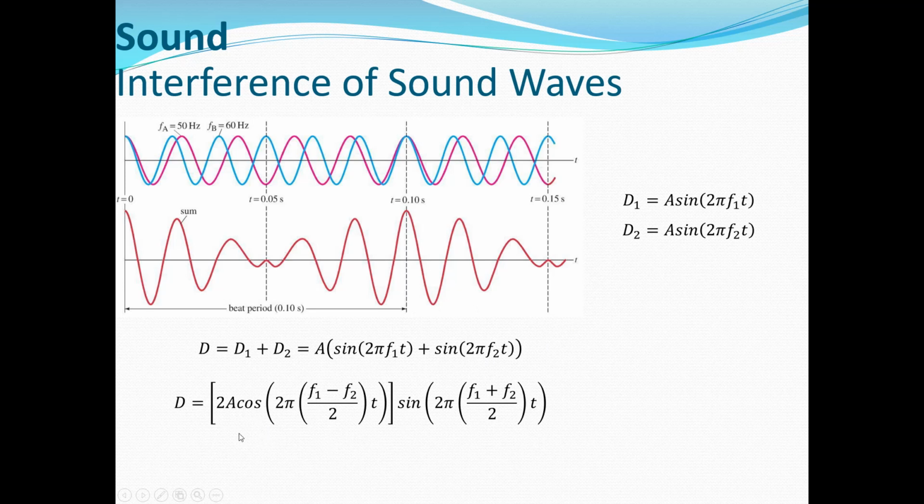One of these is going to dictate how the amplitude is changing, and the other is going to dictate essentially the period. And like I said, the beat frequency ends up being just the difference between them. Now, we're not going to do anything with this. I just want to show you the equation. But we're going to mainly be worrying about this part, that the difference in these frequencies creates the beat frequency.